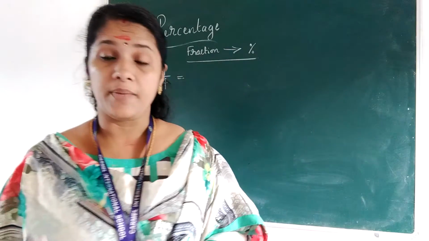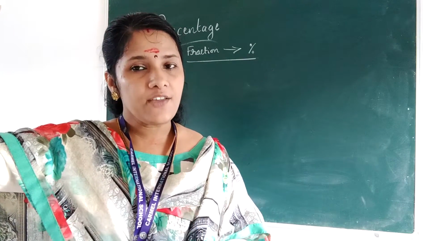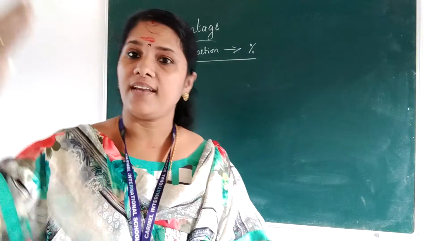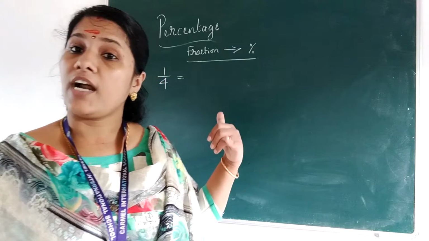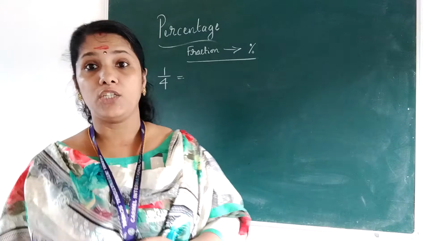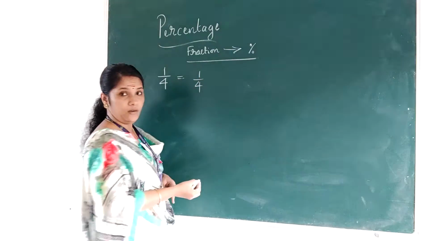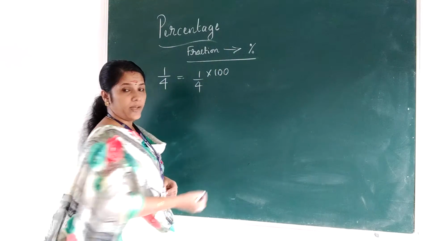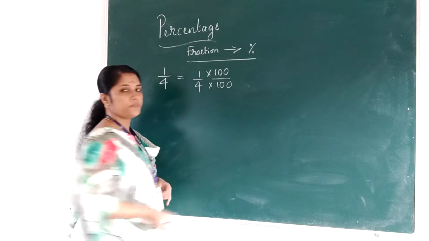It means we can multiply or divide any fraction using any number both in the numerator and the denominator together. Here also, to convert the given fraction into percentage, I am going to multiply the given fraction 1 by 4 by 100 both in the numerator and in the denominator.